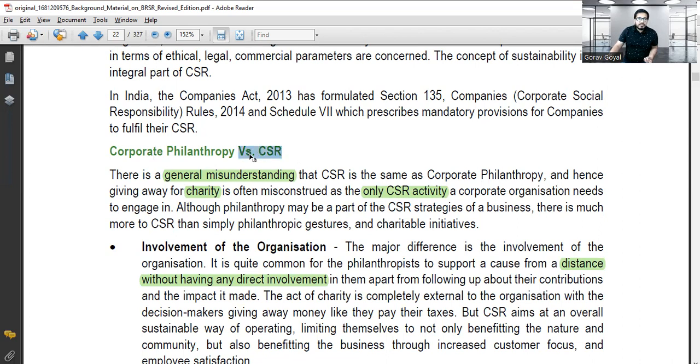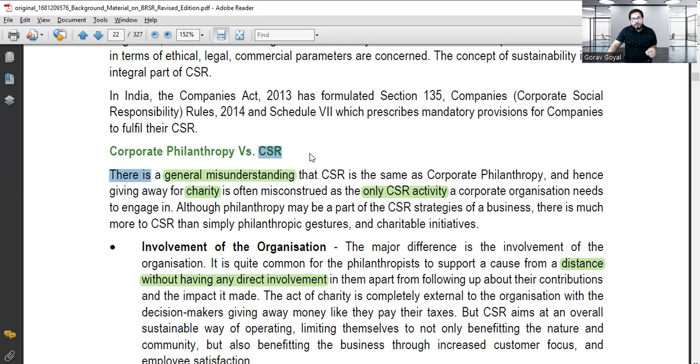Philanthropy is something where you give the charity and you don't know where it is going to be used, when it is going to be used, how it is going to benefit, or what impact it is going to generate. You have just given the charity, you are giving some donations. This is corporate philanthropy versus CSR. In CSR, sustainability is something where you are inculcating that kind of behavior into your organization.